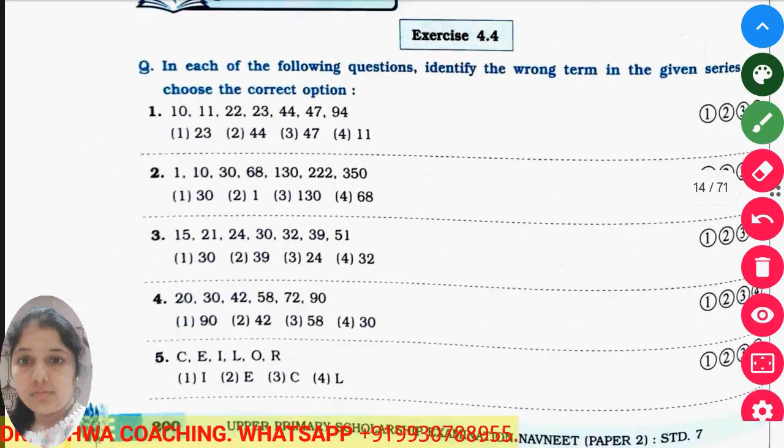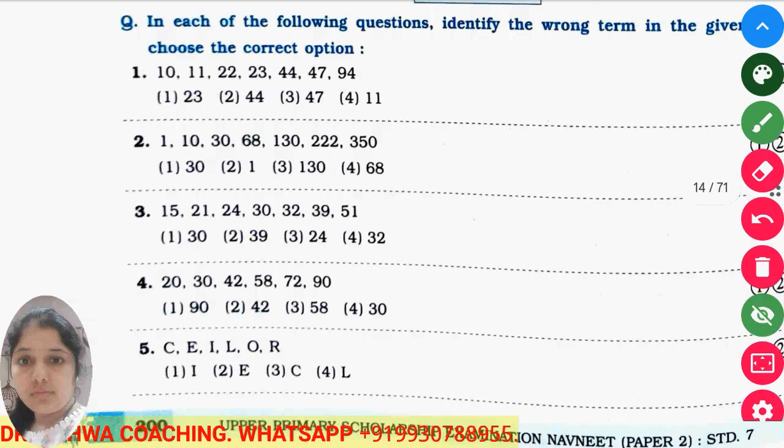Now see 4, 10, 11, 22, 23, 44, 47, 94 are the given numbers in the series. If you look carefully, one is added to 10, then it becomes 11, 11 twos are 22.